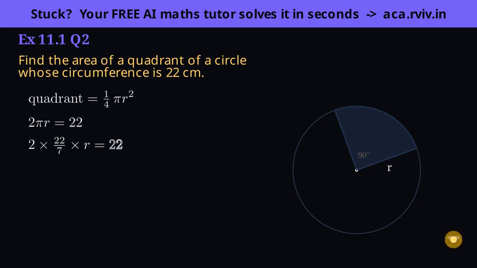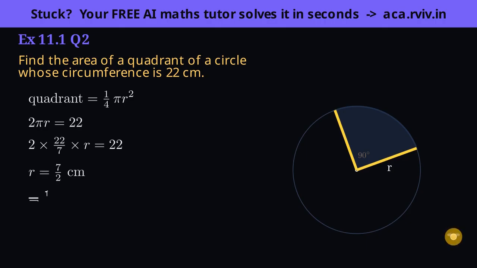The question was built with these friendly numbers. Solve for r. The 22 on top cancels the 22 on the right, and rearranging leaves r as 7/2 centimeters, that's 3.5. Now that we finally know the radius, we can find any area we like.